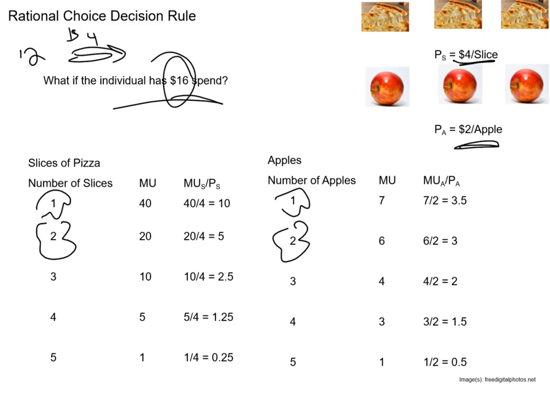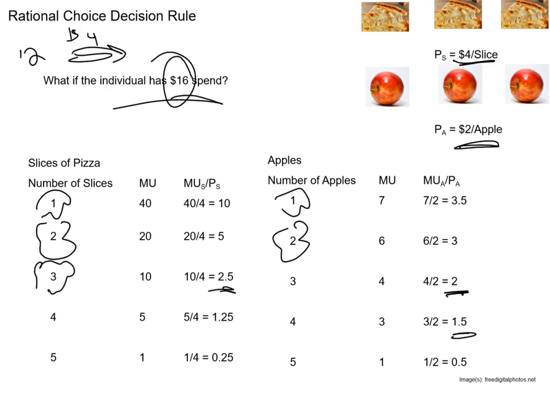Well, we could buy a 3rd apple and a 4th apple, or we could buy a 3rd slice of pizza. What's the better way to spend our money? The bang for the buck tells us it's better for us to buy that 3rd slice of pizza rather than the 3rd or 4th apple. Apples are cheaper, but they just don't bring in enough utility to make it worth it.